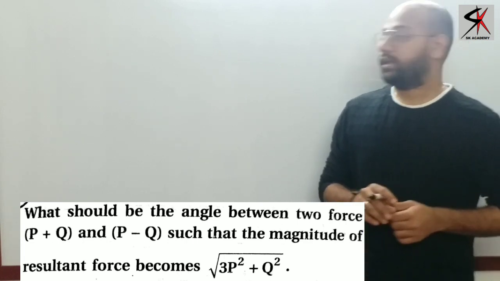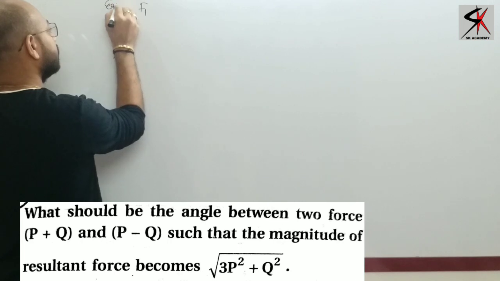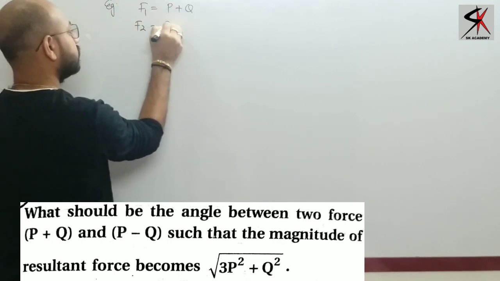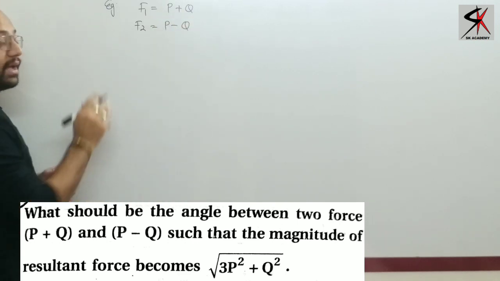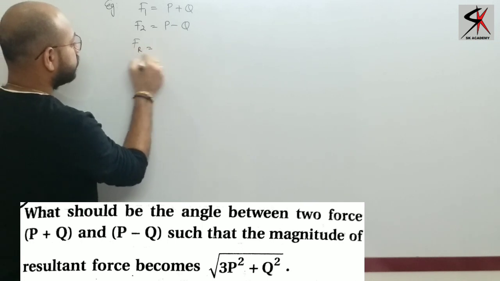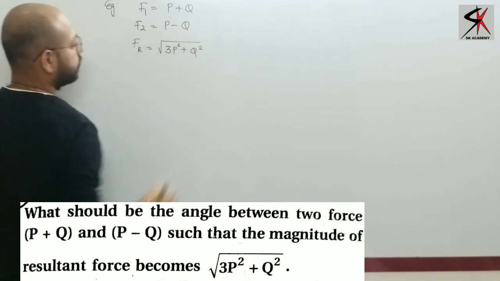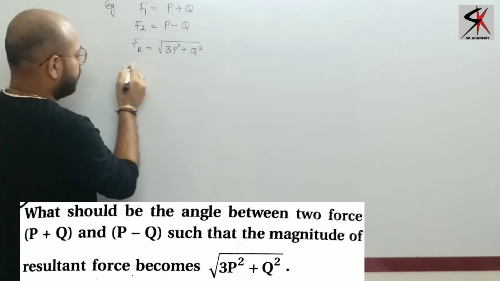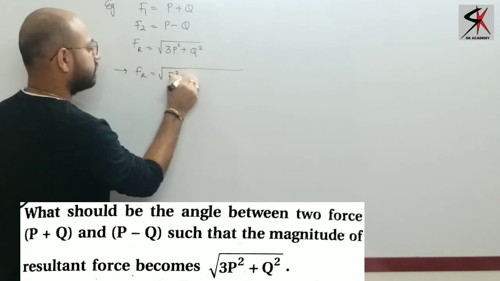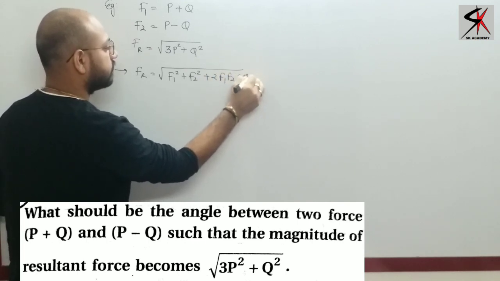Okay, and here you are given one force is P plus Q. So I will write F1 equals P plus Q, and another force F2 equals P minus Q. Okay, and the resultant force Fr equals under root 3P square plus Q square. Now we have the simple equation, Fr equals under root F1 square plus F2 square plus 2 F1 F2 cos theta.